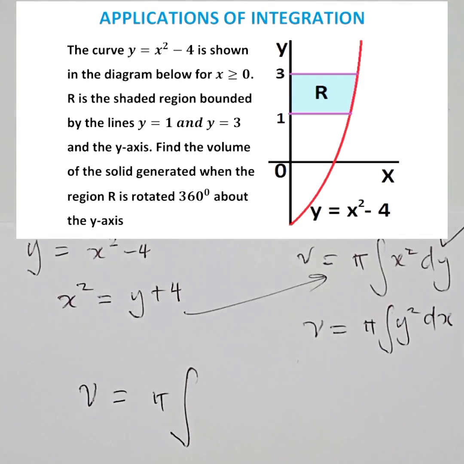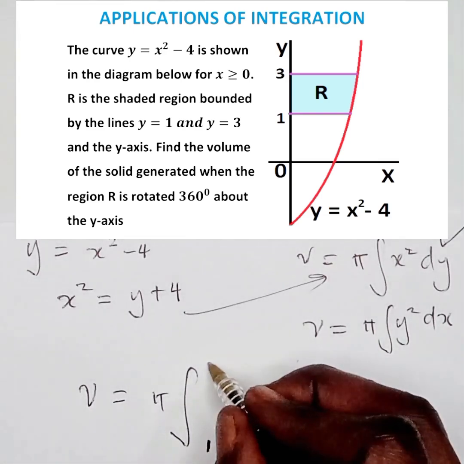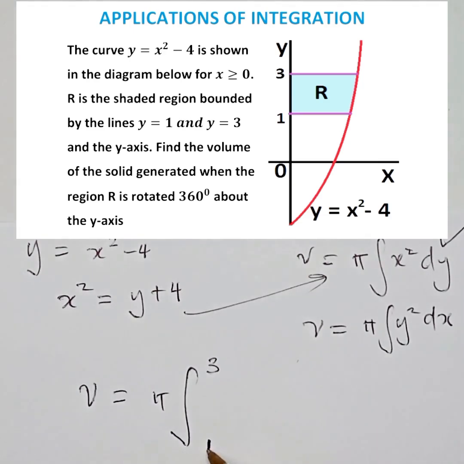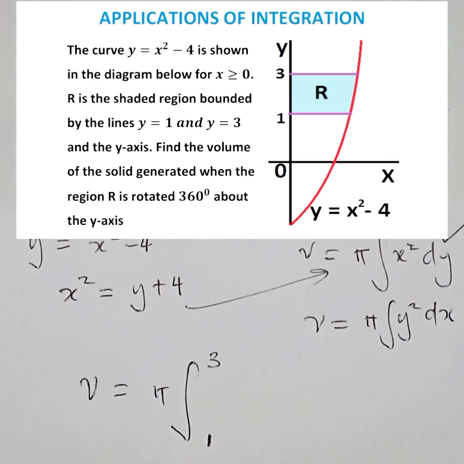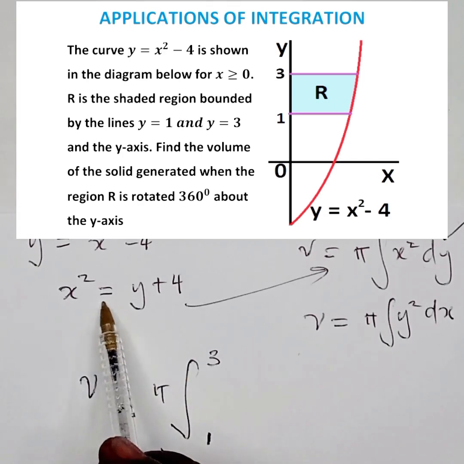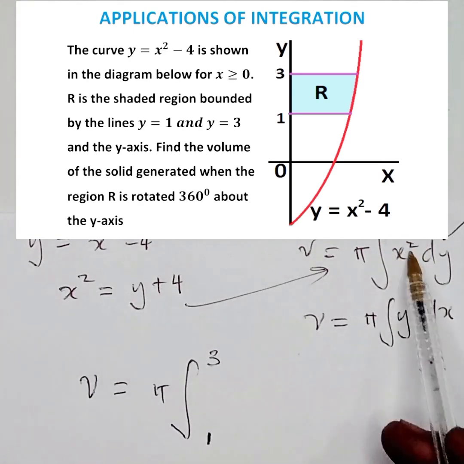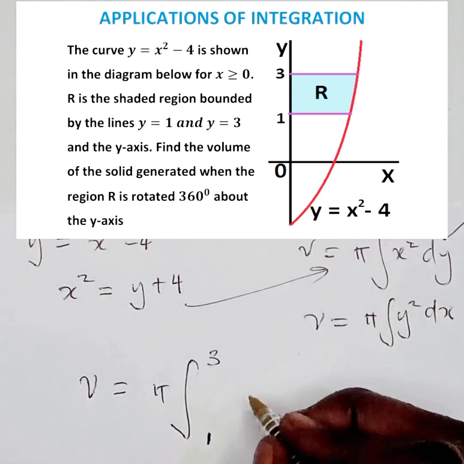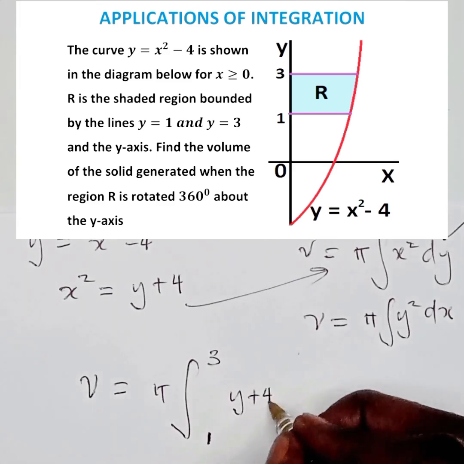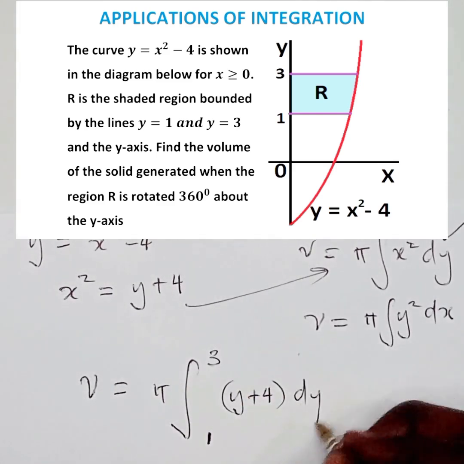You remember that region is bound by the lines y is equal to 1 and y is equal to 3. So we are moving from 1 to 3 on the y-axis. And then our x squared, you remember, is y plus 4. So we put it at that place, all right? So we're going to have y plus 4, then dy.